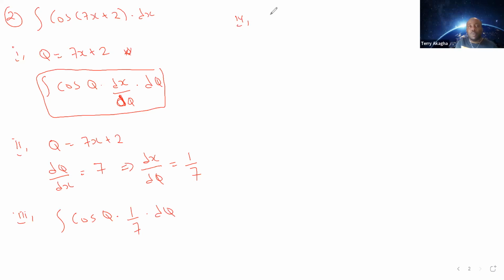So let's go. We're integrating cos q times 1 over 7 dq. You bring out the constant, so you have 1 over 7, and you integrate cos q dq, okay? When you integrate cos q, remember we talked about sine, cosine, minus sine, minus cosine, okay? So when you integrate cos, what do you think it should give you?